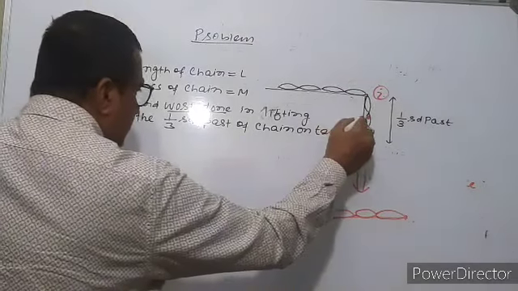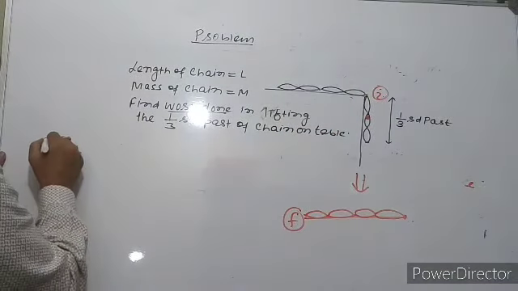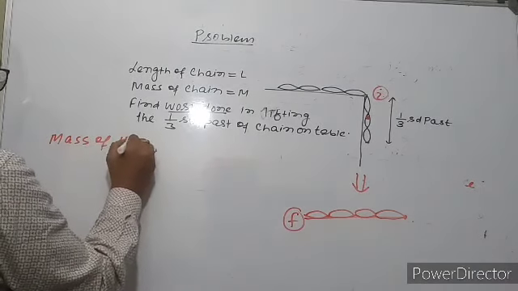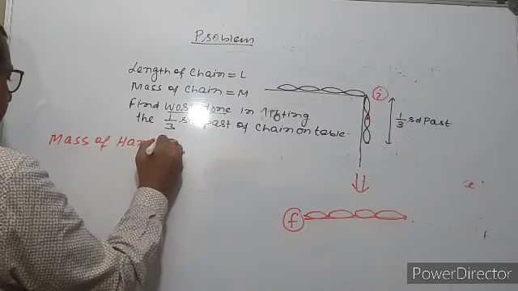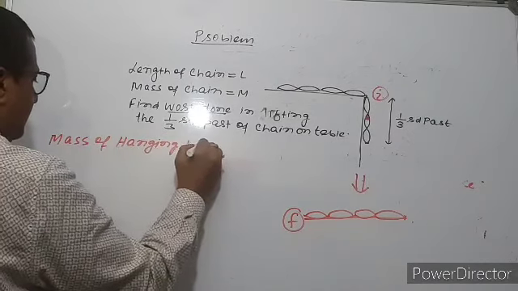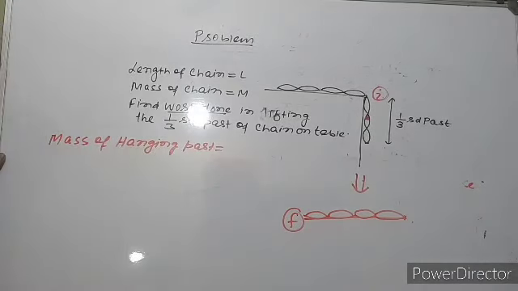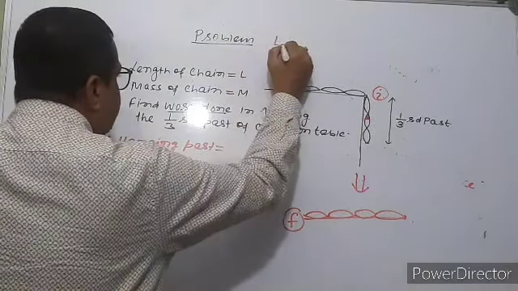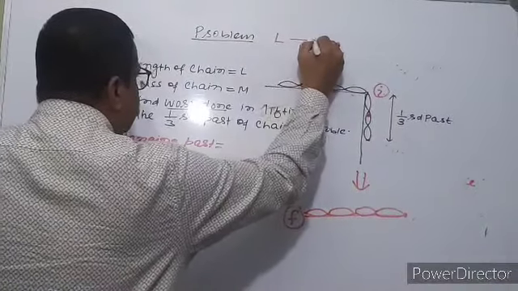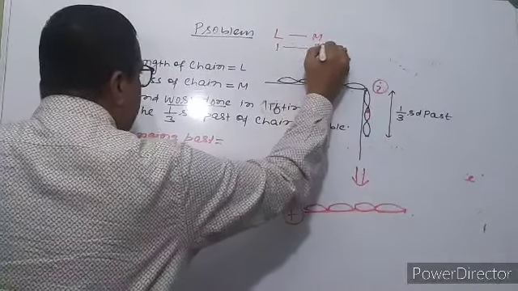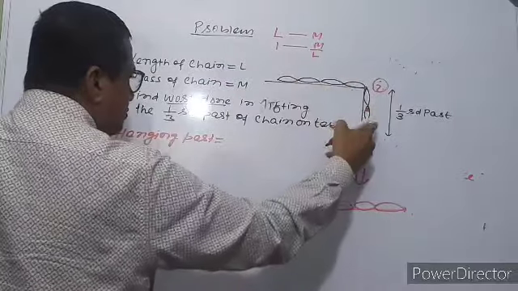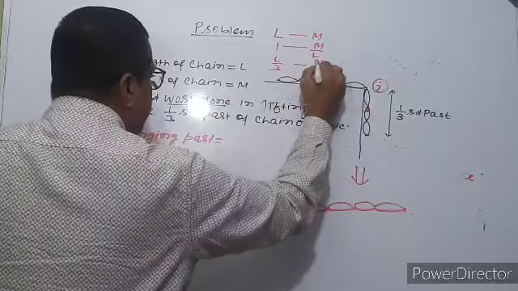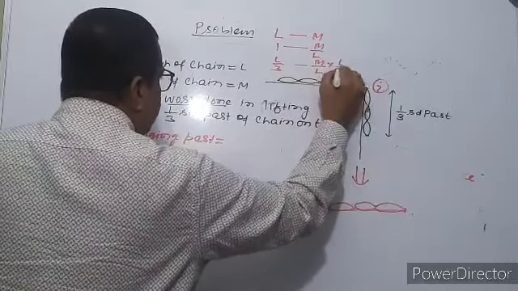So mass of hanging part. The length of whole chain is L. L length has mass M. One length has mass M by L. So L by 3 part has the mass M by L into L by 3.